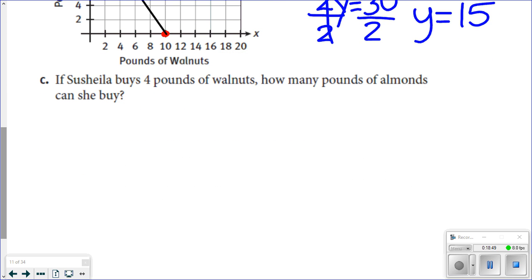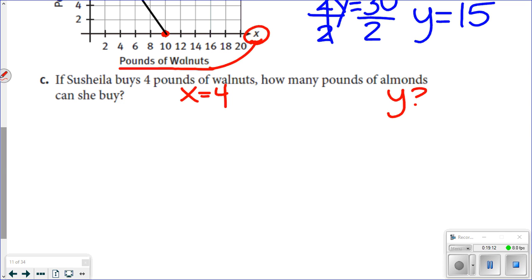Question C. If Sushila buys 4 pounds of walnuts, look right here, pounds of walnuts is our x variable. So this means that x equals 4. How many pounds of almonds, remember that stands for y, can she buy?